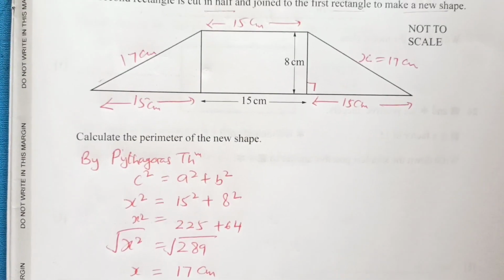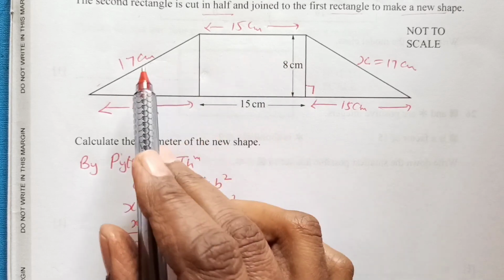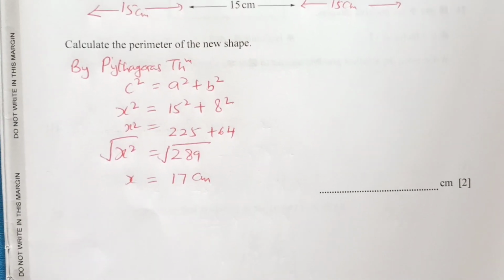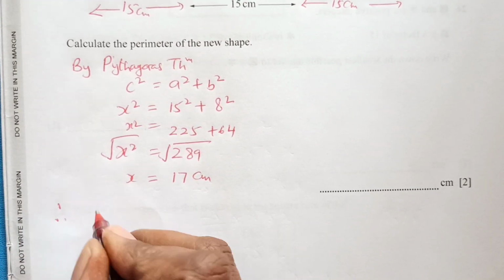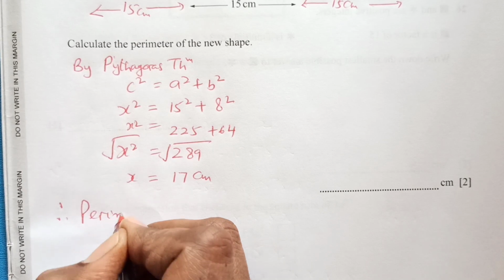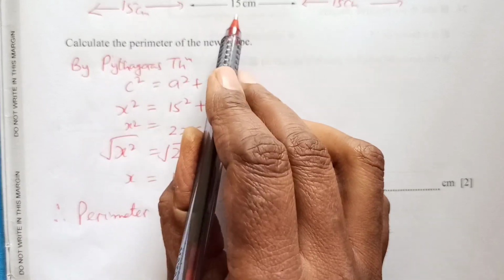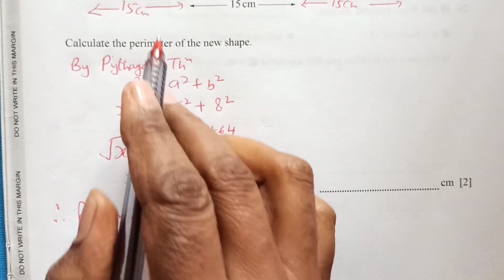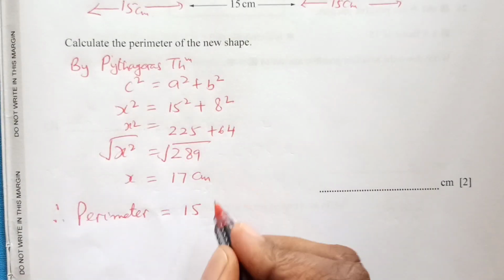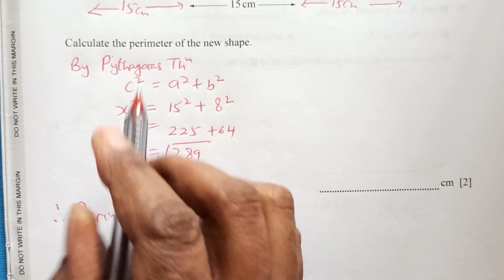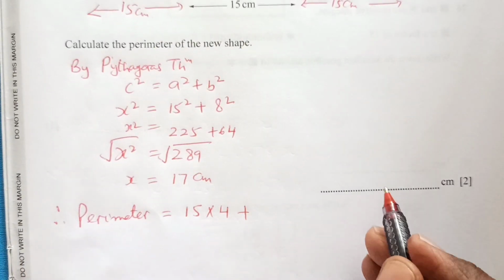Now for perimeter, we are going to add all these lengths all around the shape. So therefore the perimeter is 15, 15, 15, 15. It is 4 times, 1, 2, 3 and 4. So 15 times 4 plus then you have 17, it is twice.